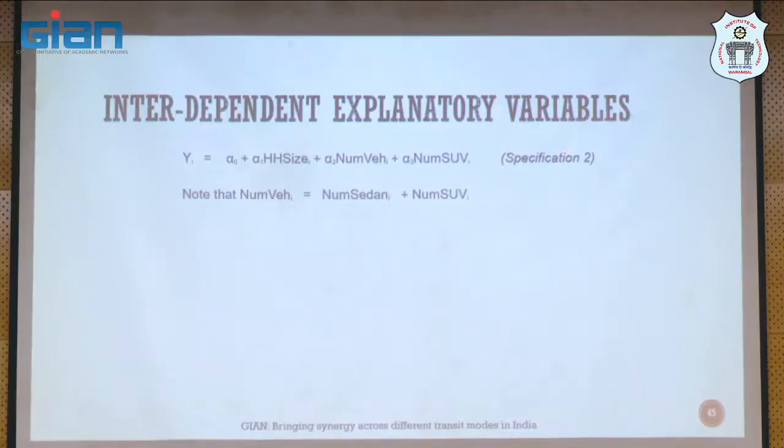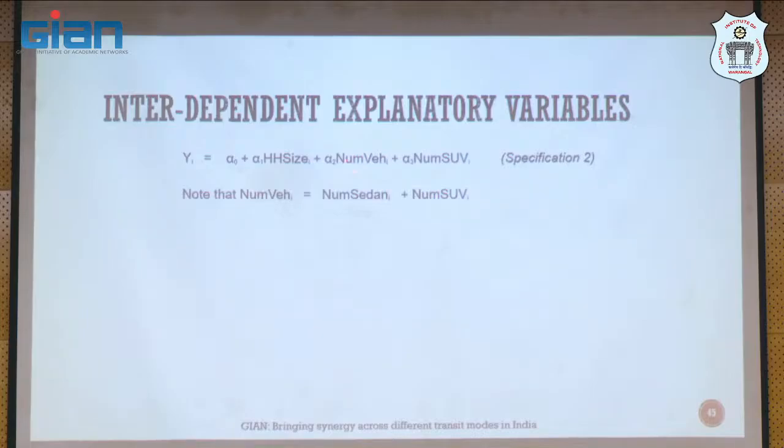It's SUV. Okay. So we cannot interpret it based on the number of vehicles anymore. So if number of sedans increase, the alpha 2 represents the change in sedans, the effect of sedans.